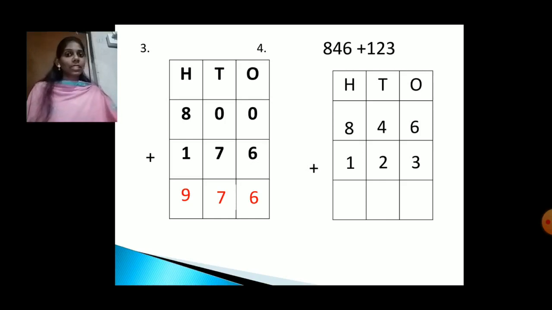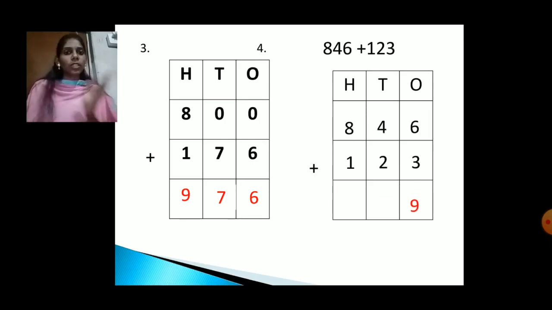For addition we will start from the ones place. So 6 plus 3 equals, after 6 we will count 3 fingers. 6, 7, 8, 9. So 6 plus 3 equals 9. 9 we will write under the ones place.